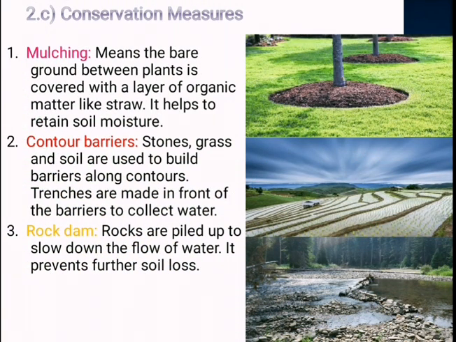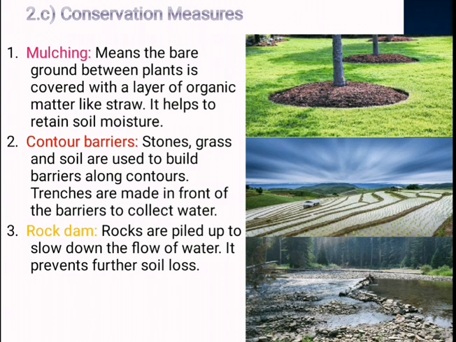Next one is the conservation measures, how we can preserve the soil. First one is the mulching. Mulching means the bare ground between the plants is covered with a layer of organic matter like straw. It helps to retain the soil moisture.